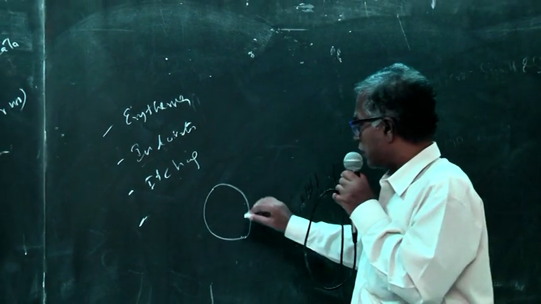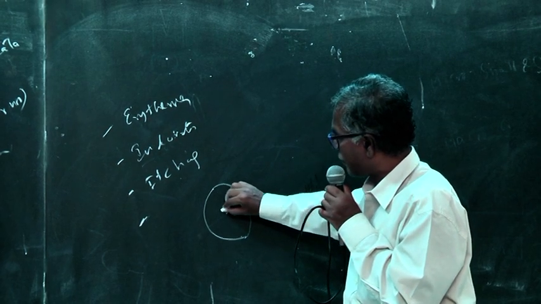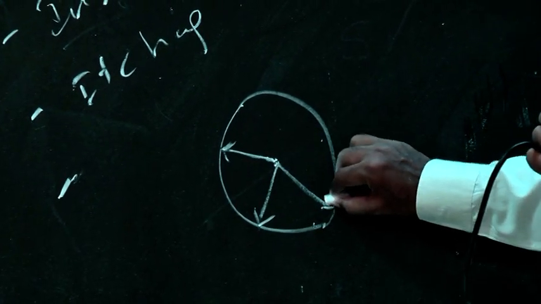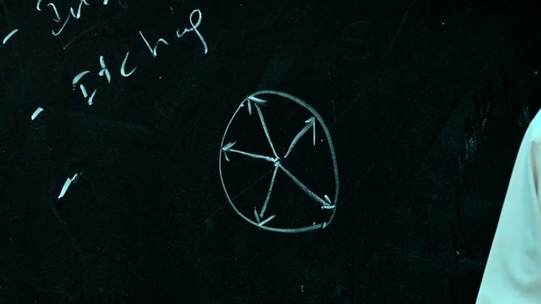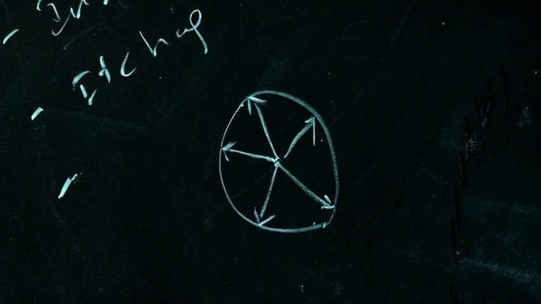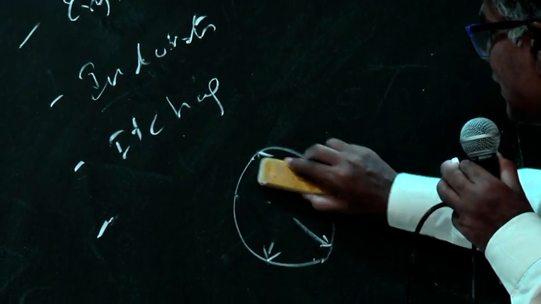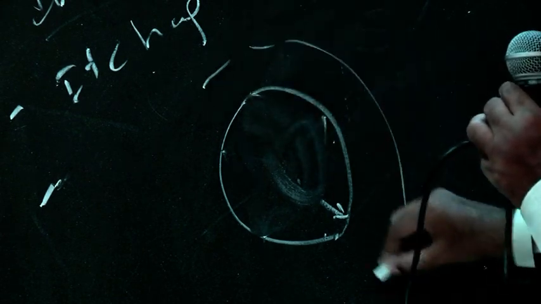The dermatophyte starts at a point and the infection spreads outwards, so it produces a centrifugal infection. As it goes on, there will be central clearing. So it goes outward.